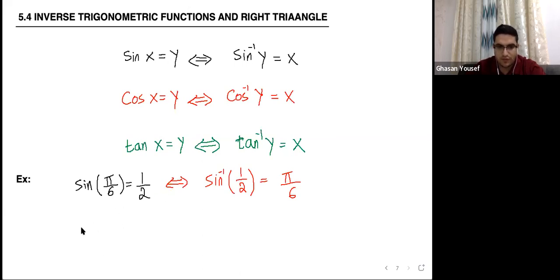And the same thing for the cosine. Cosine of pi over 3. What's the cosine of pi over 3? Pi over 3 is actually 60 degrees. What's the cosine of 60?